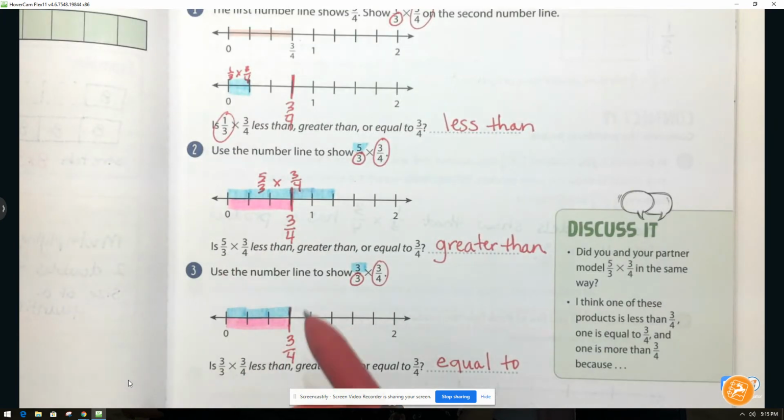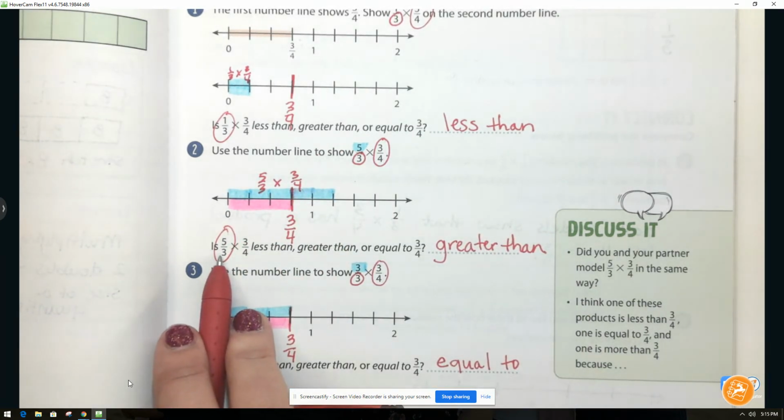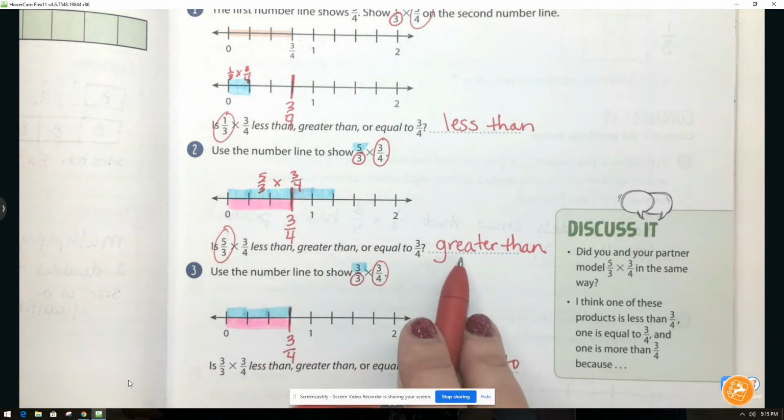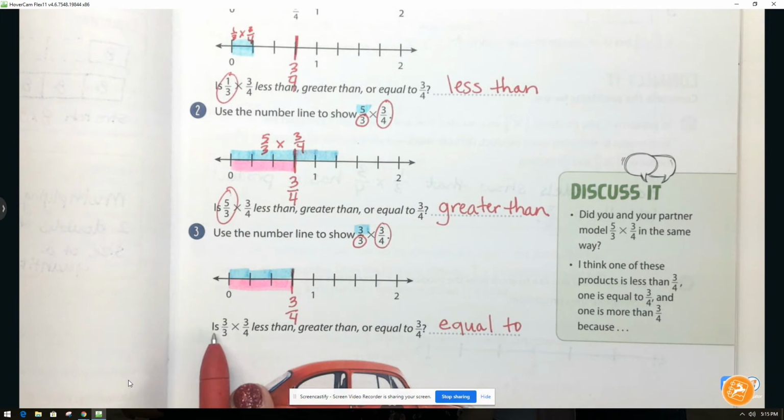When we multiply 3/4 times a factor greater than 1, we get a product that is greater than 3/4. And when we multiply 3/4 by a factor that's equal to 1, we get a product that is equal to 3/4.